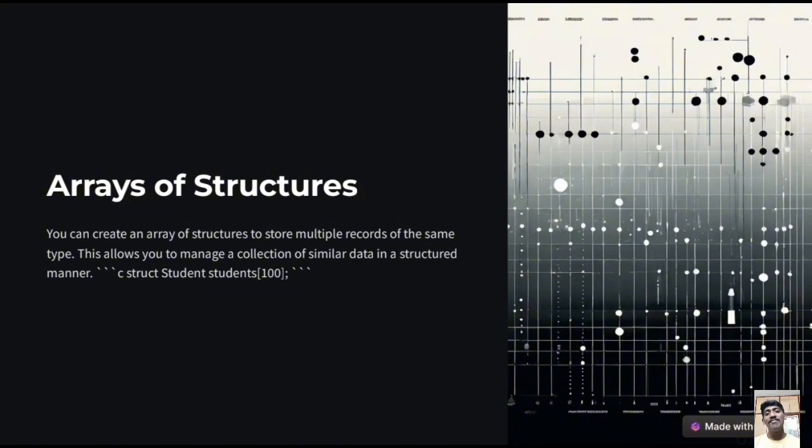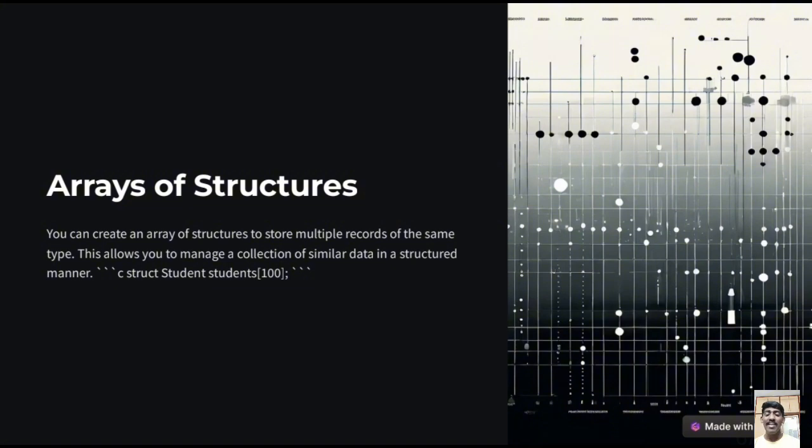We have quite a few examples actually. Consider the student definition and initialization along with the memory representations. Then we have structure operations: copying of structure variables, arithmetic operations on structures, and comparing two structures. These are the operations of structures. Copying two structure variables is achieved using the assignment operator.